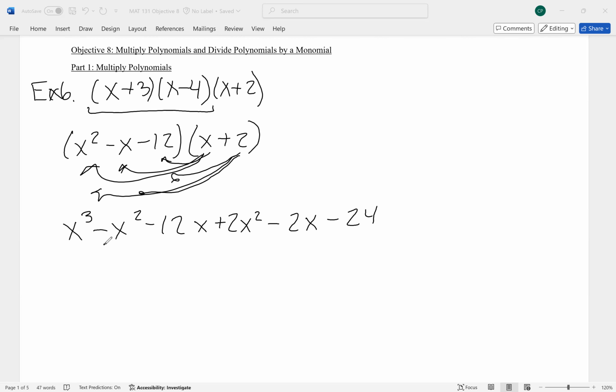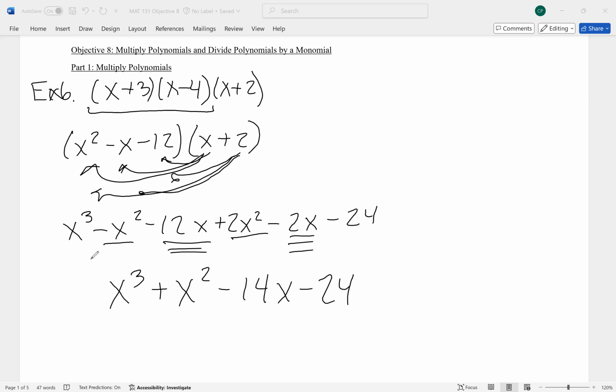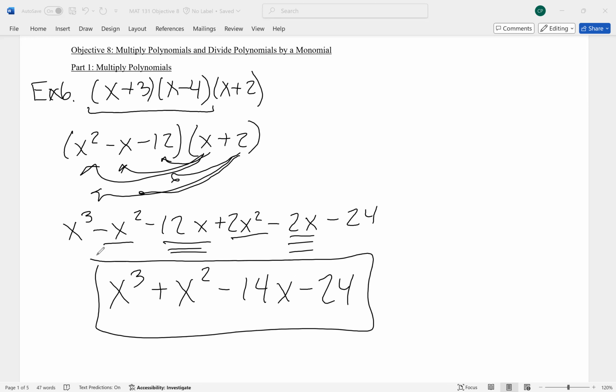From here, we can combine the like terms. And that will get us to our final answer, okay? So not too bad. We're just doing the same thing over and over again. The problems just kind of look a little different, okay?